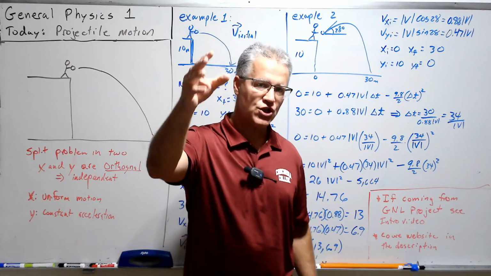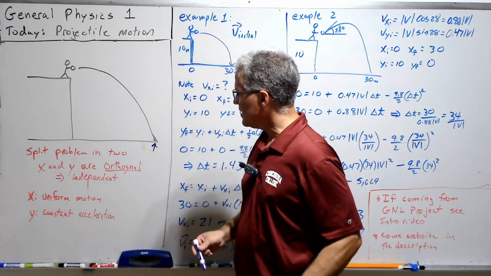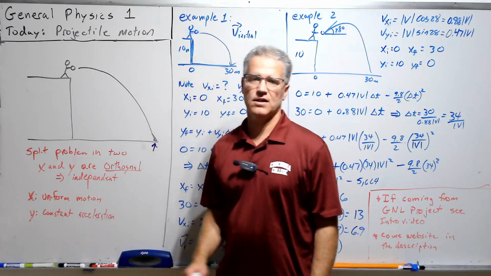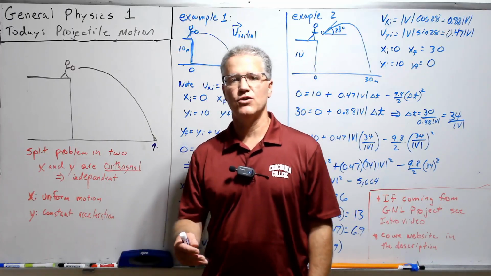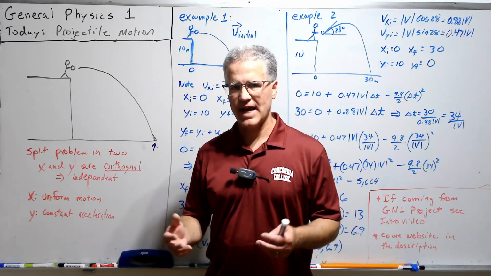So, for the motion of an object near the surface of the earth, a projectile motion problem, the x and y directions are independent, and it turns out that the x direction undergoes uniform motion. We're ignoring air friction, any kind of drag.